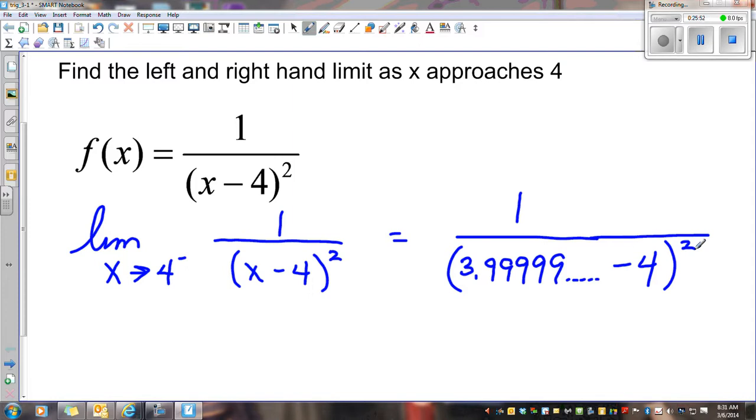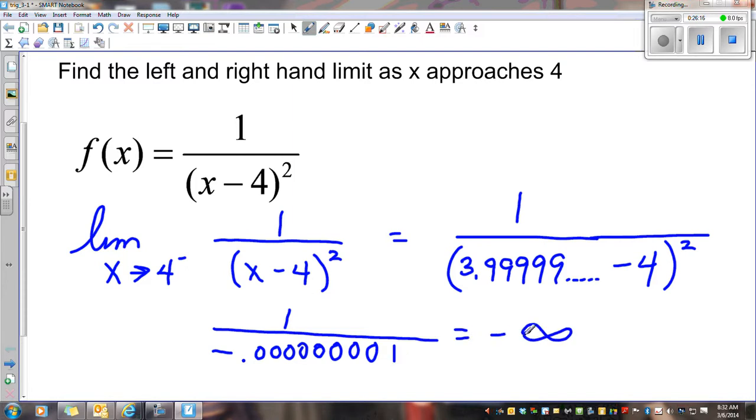So I have 1 divided by this teeny weeny negative fraction. So what happens? It's going to be a very big number, but it's going to be negative. So we go to negative infinity.